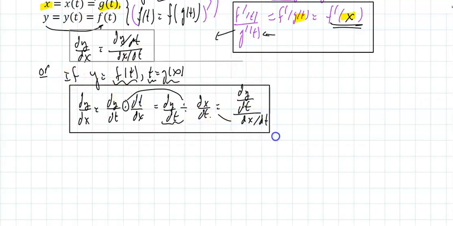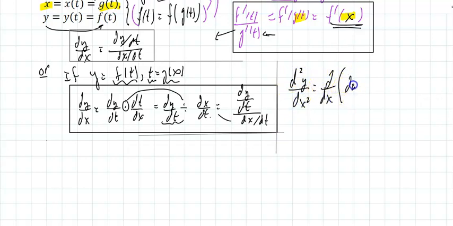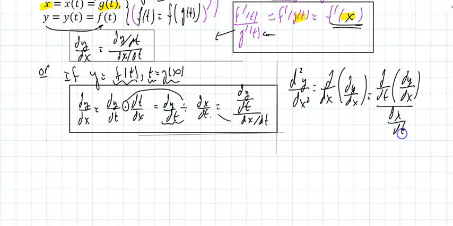So this is something that you did in 5a a bit, but I don't know how much you got out of that when you did applications, but in 5c that's a massive deal. And the second derivative I provide on that formula sheet that I gave you. If you want to find the second derivative with respect to x, it is the derivative with respect to x of dy/dx, and that turns out to be d/dt of dy/dx divided by dx/dt.